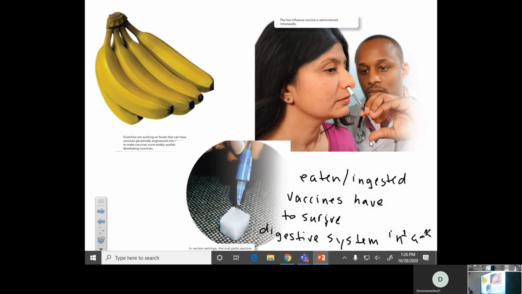So you eat the vaccine, and it goes into your stomach and passes through stomach acid and all of those digestive enzymes that you've got, it's really not going to make it. Our digestive system will destroy the shape.